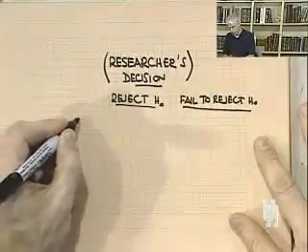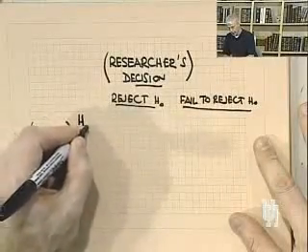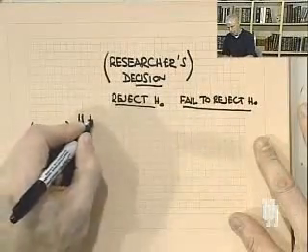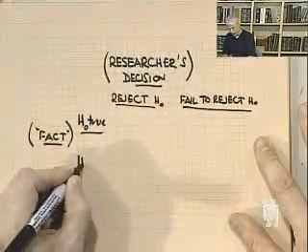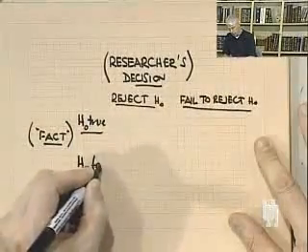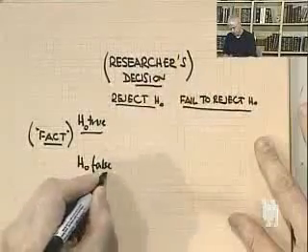And you would know that either A, the null hypothesis was true, or B, the null hypothesis was false.